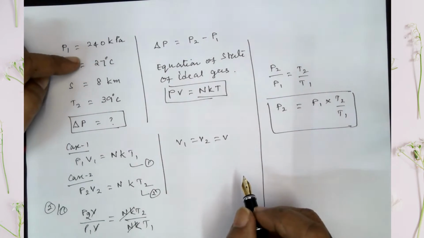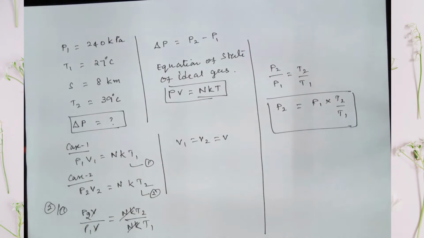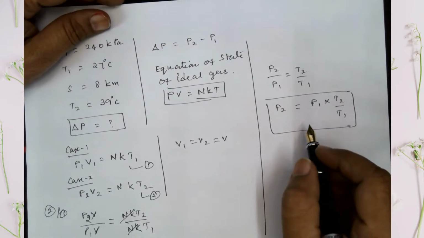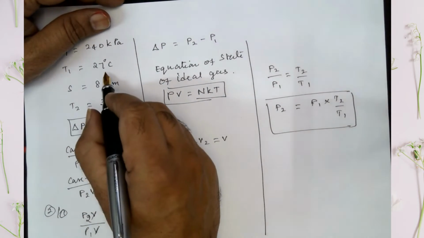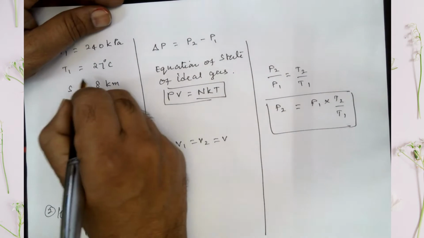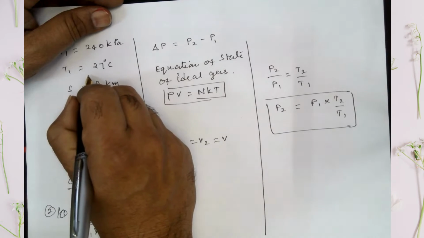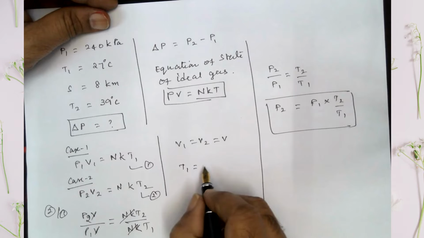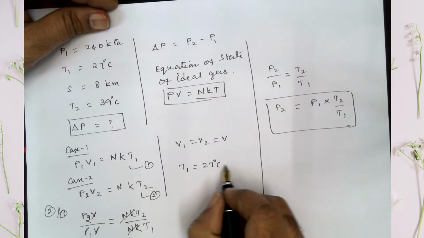And here it is given in kilopascal. So the other pressure will also be in kilopascal. And then temperature is 27. We can convert this into Kelvin. So you can add 273. That is T1 is equal to 27 degrees Celsius.